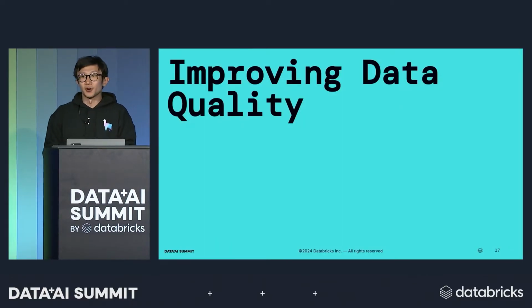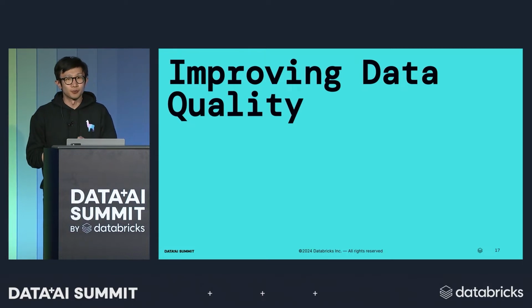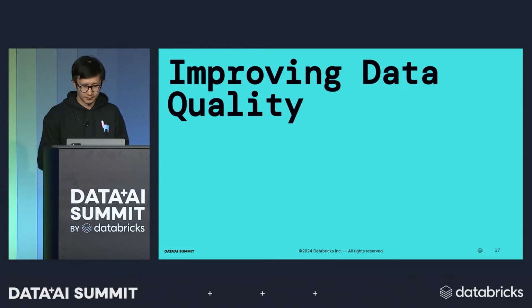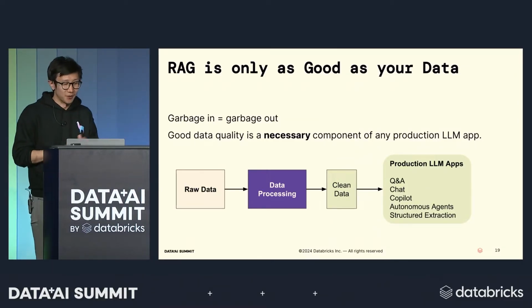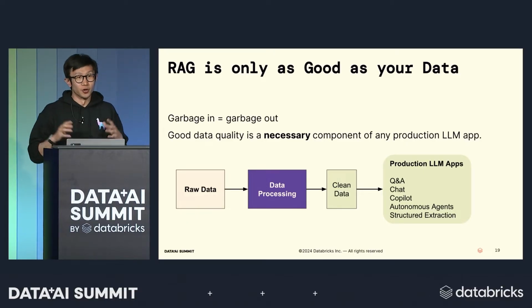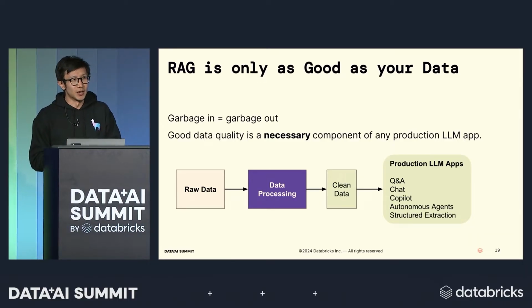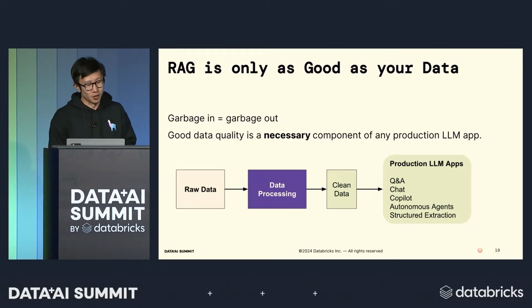So let's get started on the first topic, improving data quality. If you were here last night, for instance, at the Mosaic X meetup, you might have already seen this slide. But the overall principle that I want to emphasize is that RAG is really only as good as your data, right? It's a similar principle as traditional machine learning, where this overall idea can be encapsulated by this expression, garbage in, garbage out.